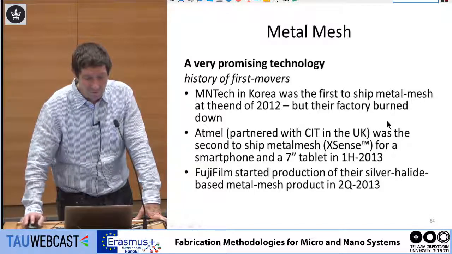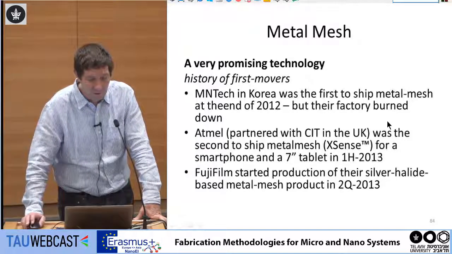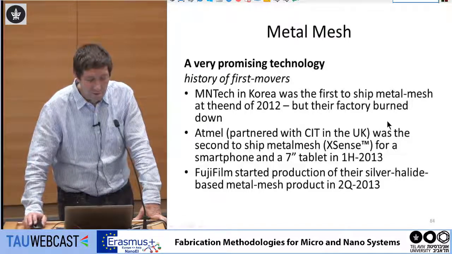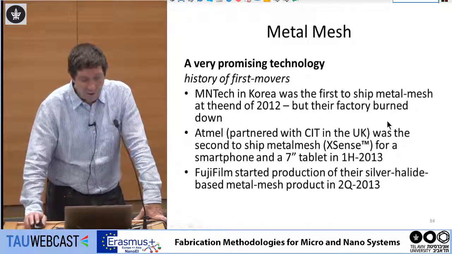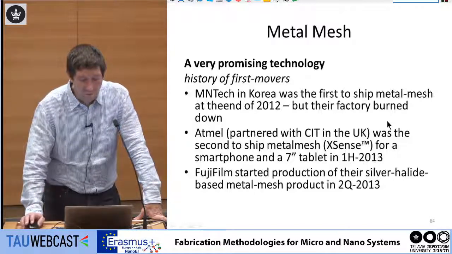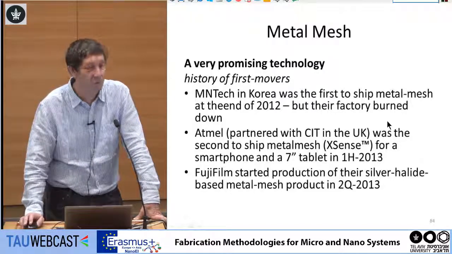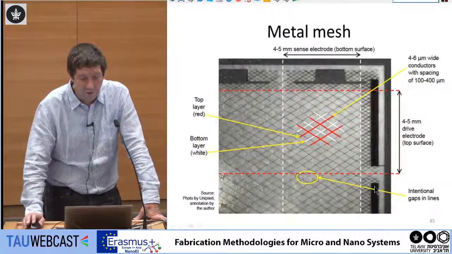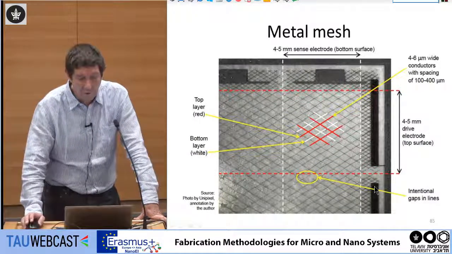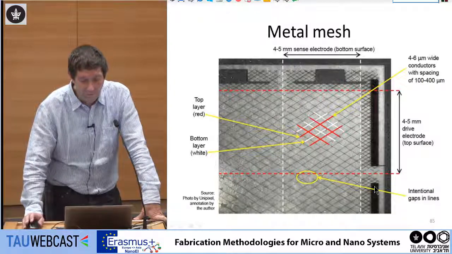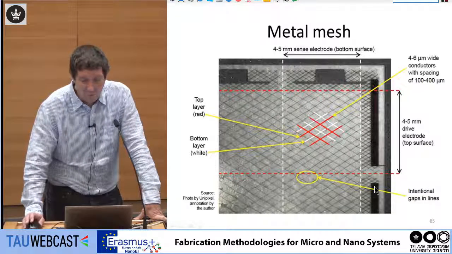Atmel introduced it later, and people use it, some companies use it for smartphones and 7-inch tablets, and Fujifilm started production of the silver halide-based metal mesh product in 2013, and they have a few screens in the market with metal mesh. And again, you have metals going one way and the other way, so you are generating a mesh.